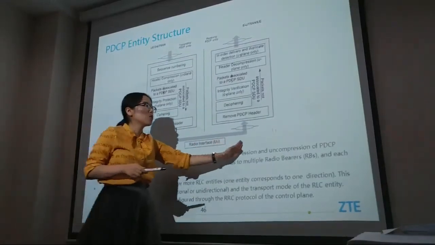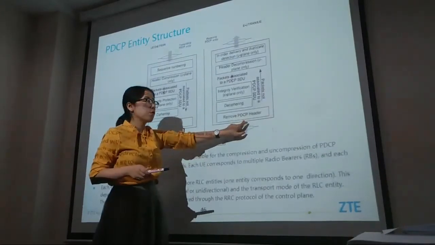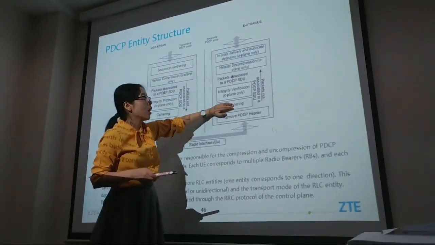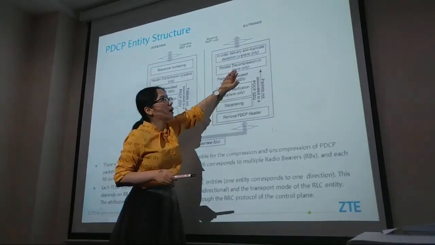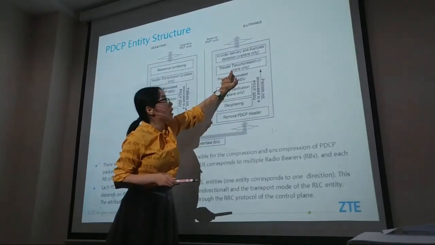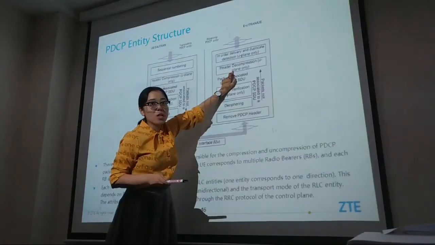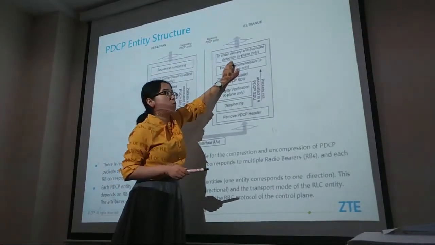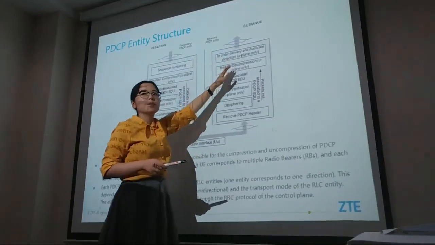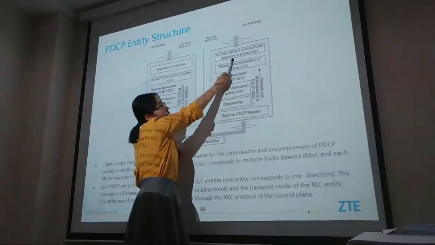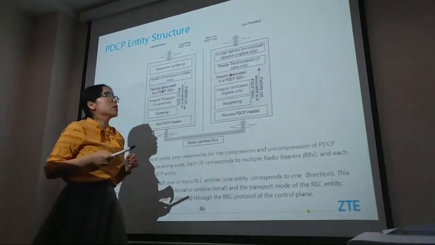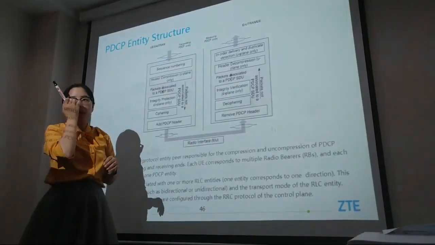When I receive from the lower layer, I first remove the PDCP header and decipher. After that, if the header was compressed, I need decompression. And for the user plane, it should perform duplicate detection.